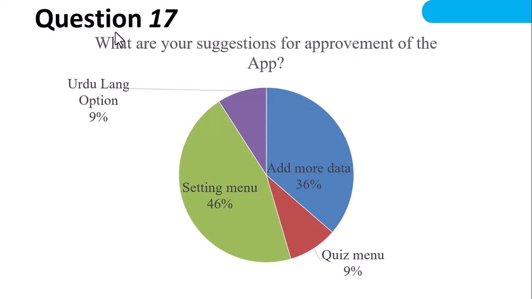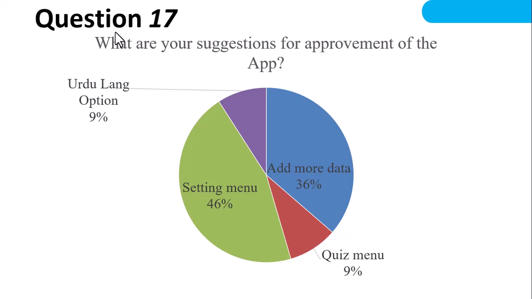At the end, I also asked different people, can you give me some suggestions for the improvement of the app? In this question, 36% people said we need to add more data in this app, and the setting menu is also missing.